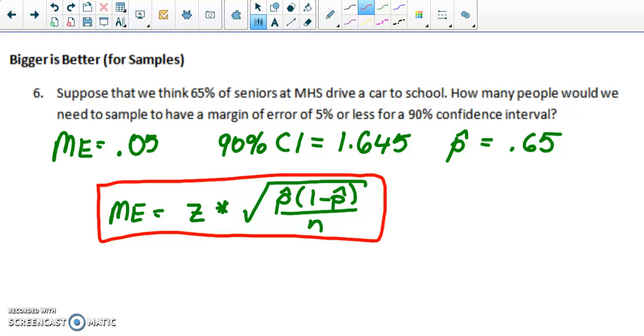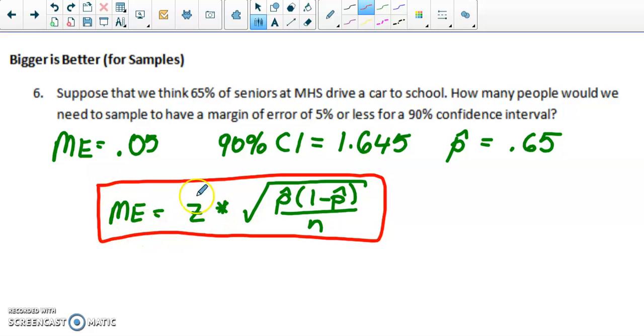So as mentioned, we have a margin of error of 5%, and we have to change it to a decimal. The z-score for a 90% confidence interval is 1.645, so that's what we will be using, and our p hat, the sample proportion, is 0.65. Now what we will be doing here is using this formula for margin of error.